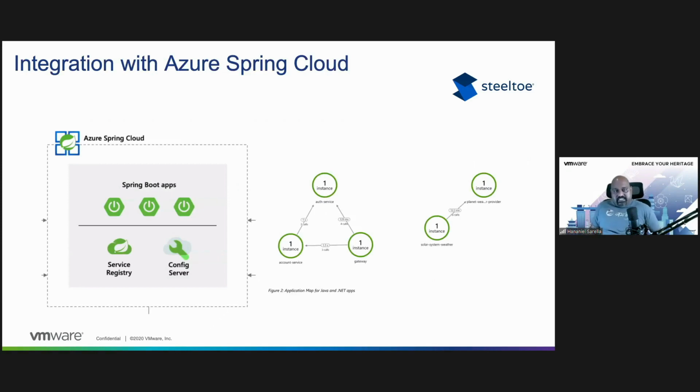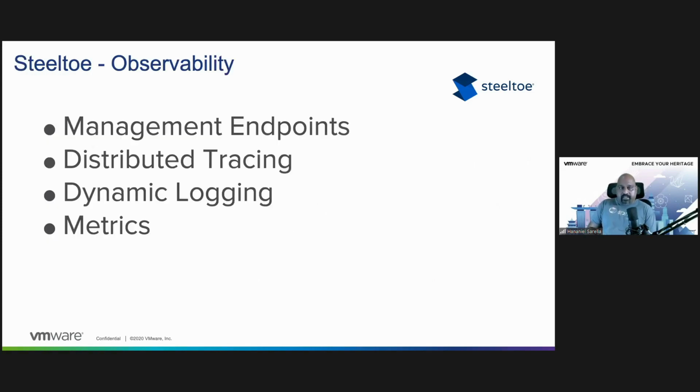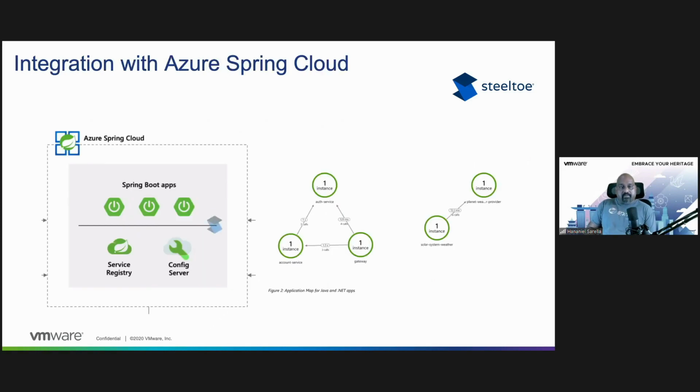And also, with the specific viewpoint and specific way we do things, we are friendly to the Spring Boot way of doing things. So that allows us to do things like this. Here we have Azure Spring Cloud, which is a partnership between VMware and Microsoft to support Spring Boot apps. And now today we have the ability to deploy Steeltoe apps, which is available as a public preview.